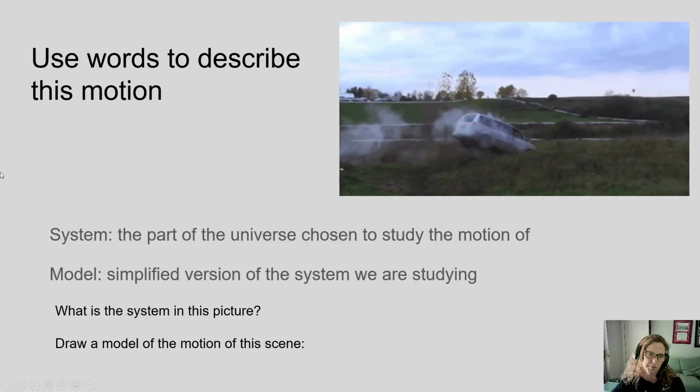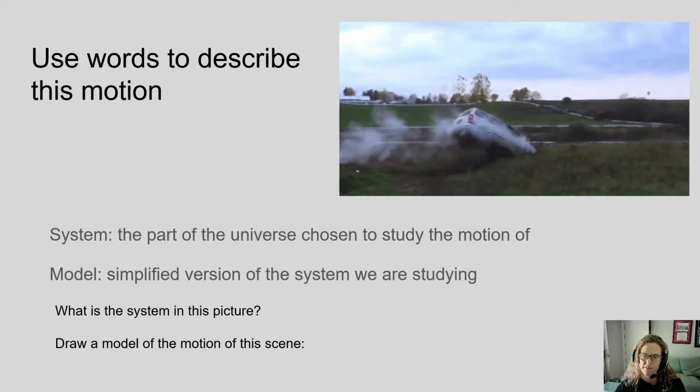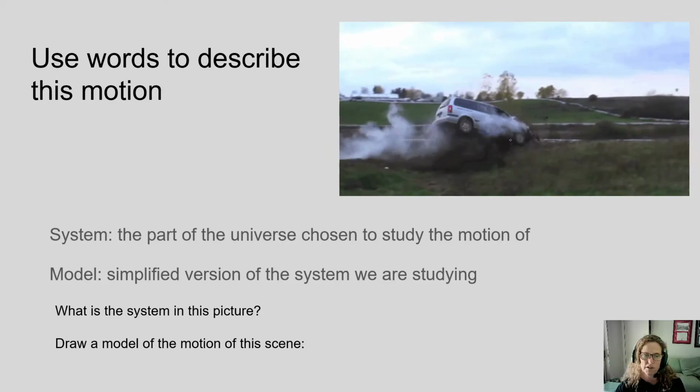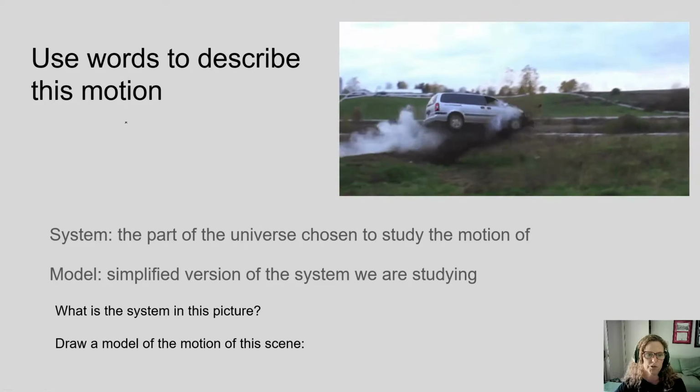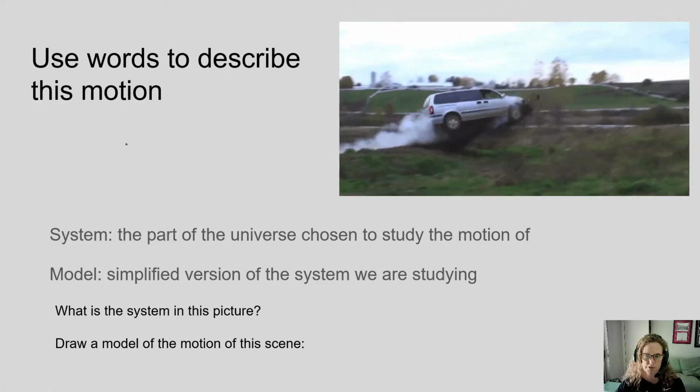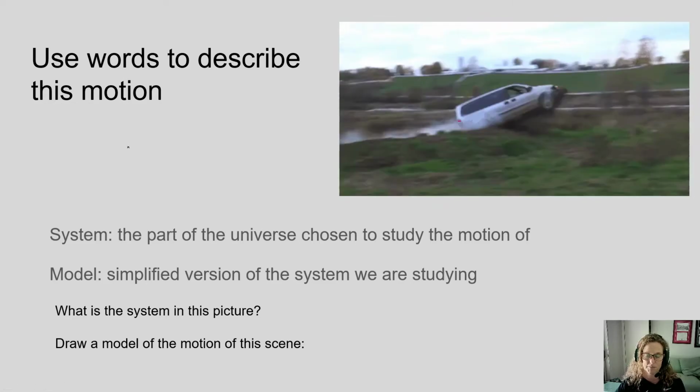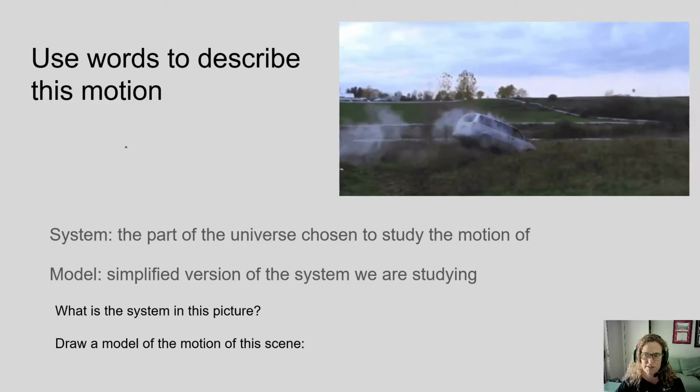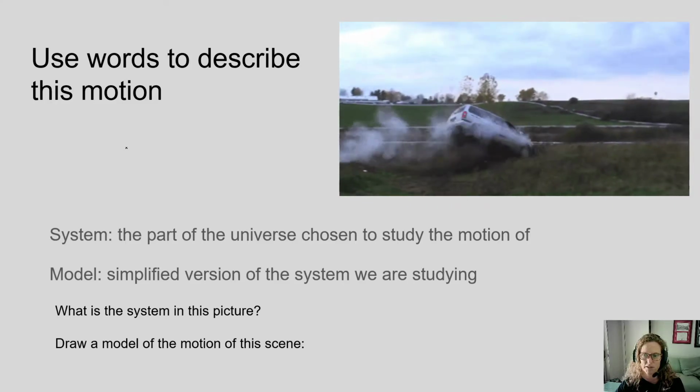So this car is doing a motion, and it is making a crazy motion. So how would we describe it? Well, a proper description would be really detailed, not just saying that car's crazy, that car's out of control, it's leaping through the hills.